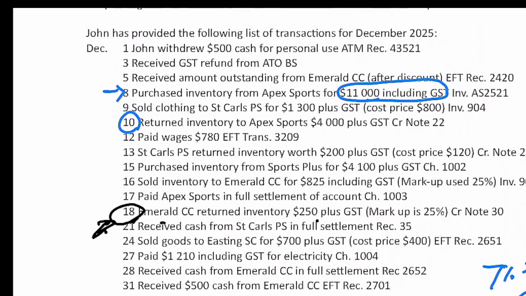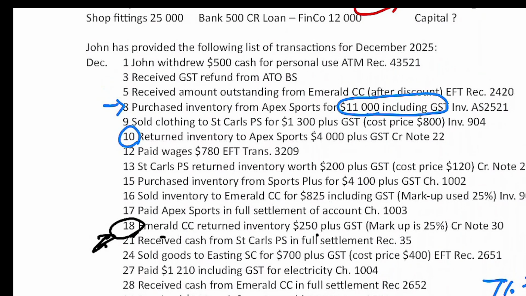Full settlement. Okay. So, how much money does St. Carl's owe us? Yes, who can tell it to me? Can you tell me?